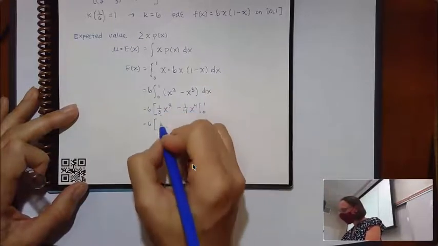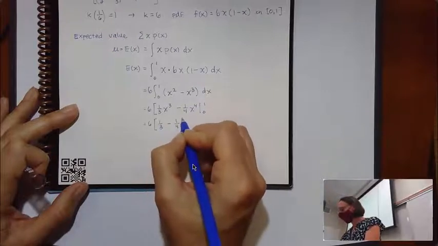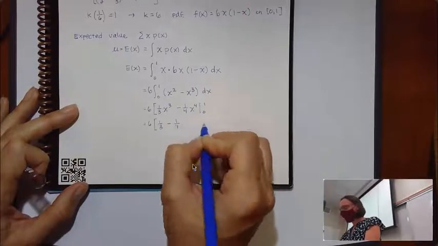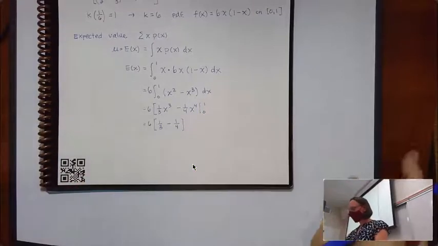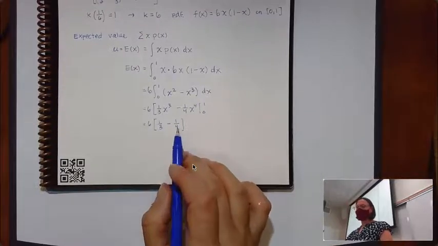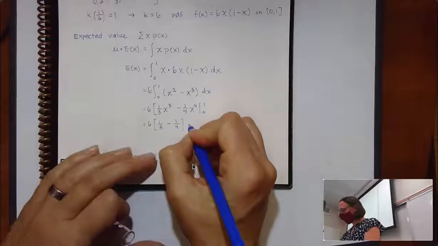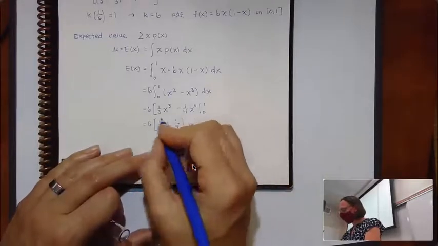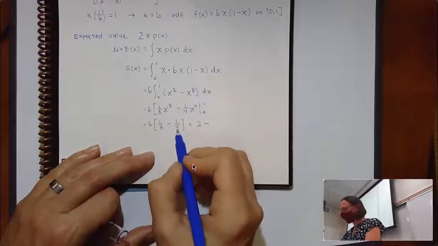When I plug in 1, I'll have 1/3 minus 1/4. I'm going to leave off the subtracting 0 if that's okay with everybody. We can either combine the fractions first or distribute the 6 in, which would be my vote. So the fractions look a little nicer. So if I distribute the 6 in, I'm going to have 6/3 or 2 minus 6/4.